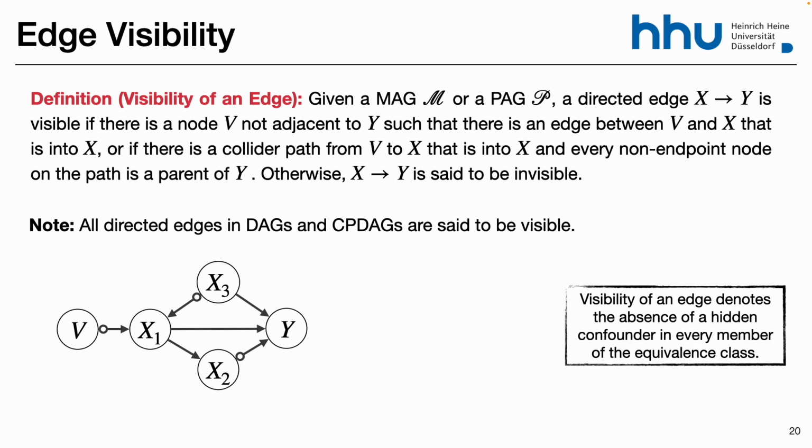To know its visibility, we need to find another variable that is not adjacent to X2, but is adjacent to X1 with an arrowhead into X1. That is exactly Rule 1 being applicable here. Because if that's the case, this means that I cannot have a bidirected edge between X1 and X2, so we cannot have this edge confounded.